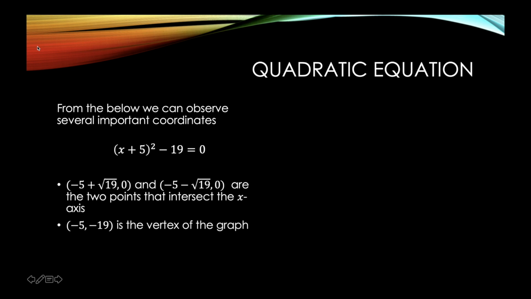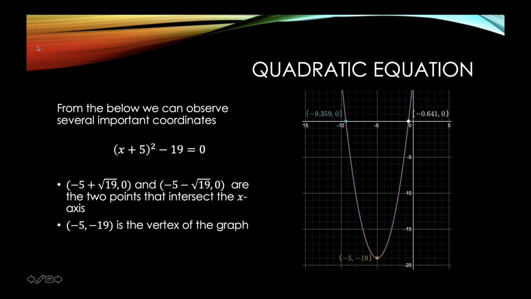You also have, from solving (x plus 5) all squared is equal to 0, the place where the maximum or the minimum of the graph can be found, and that's what we call the vertex. You have minus 5 and minus 19 as the vertex of the graph. And what do we mean by vertex? The vertex is the turning point of the graph.